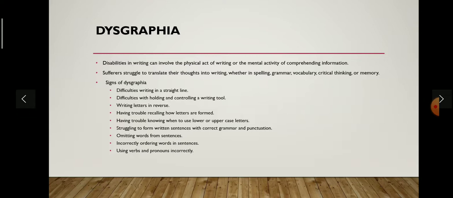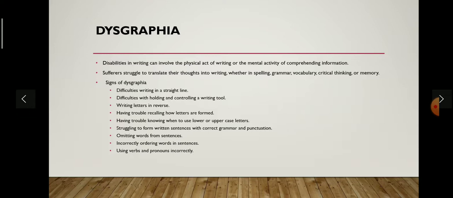Difficulty with holding and controlling a writing tool means they are facing difficulty in controlling a pencil or pen, writing letters in reverse form, having trouble recalling how letters are formed, omitting words from sentences, and incorrectly ordering words in a sentence.